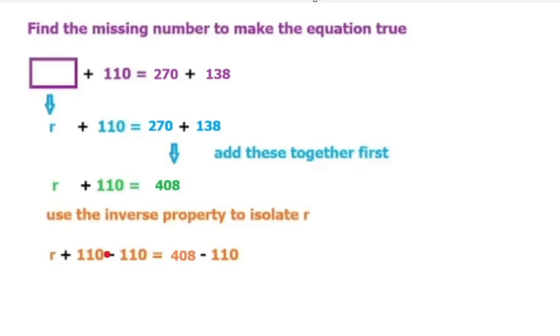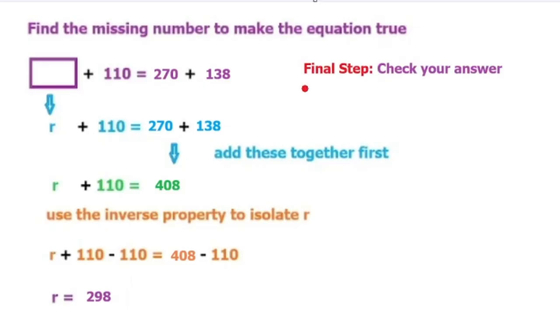So what we do is subtract 110. So then r will be by itself. And whatever we do to this side of the equation, we do to this side of the equation. So it'll be 408 minus 110. So r equals 298. And that's the answer.